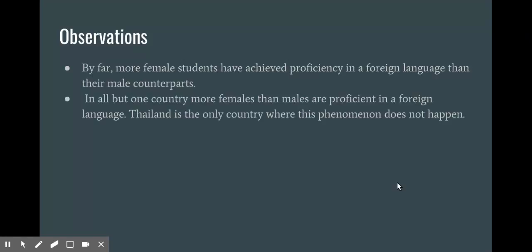So our first non-data observation is, wow, more females than males know a foreign language. Second observation is, in 5 out of the 6 countries, more females than males are proficient. It's a lot.